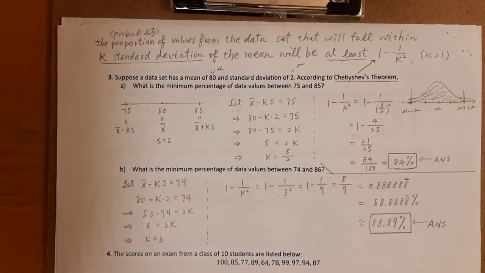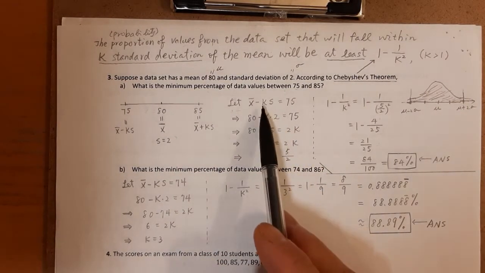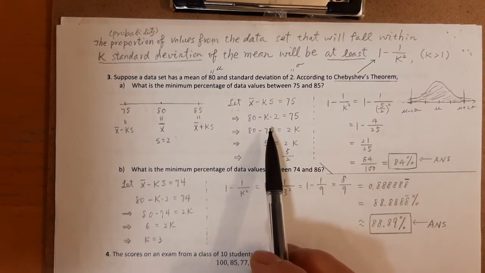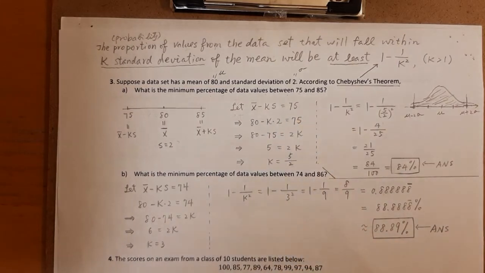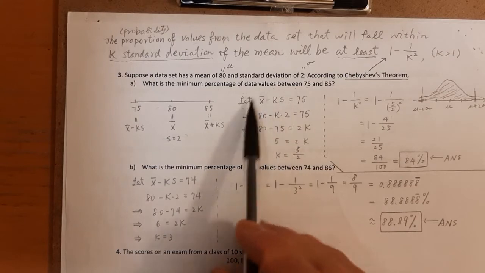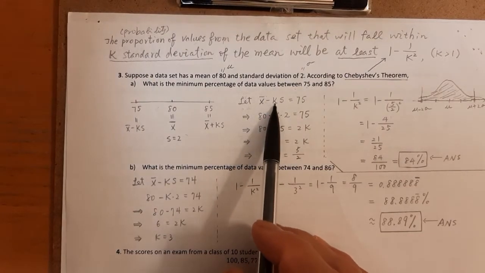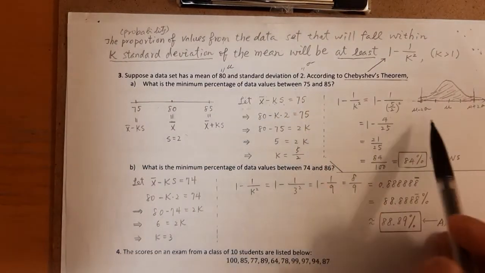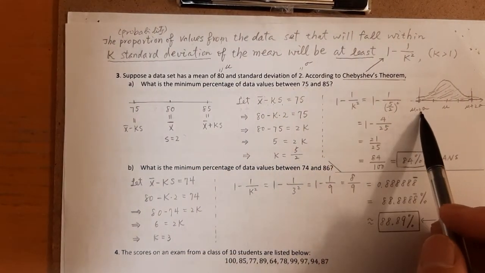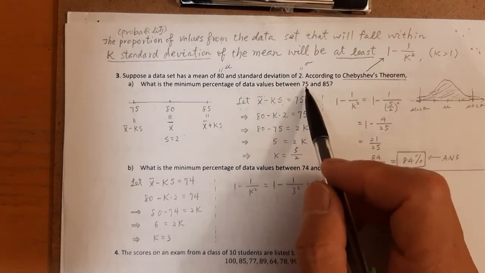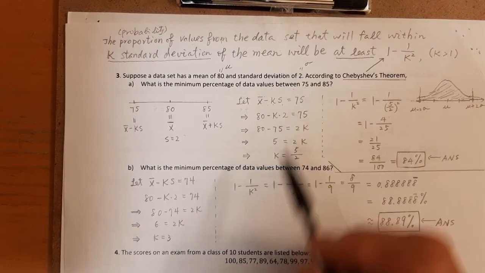So first of all, you have to figure out what K is. How to figure out K? It's the number of standard deviations. You can use this one: mean minus K times standard deviation equals the minimum, which is 75.